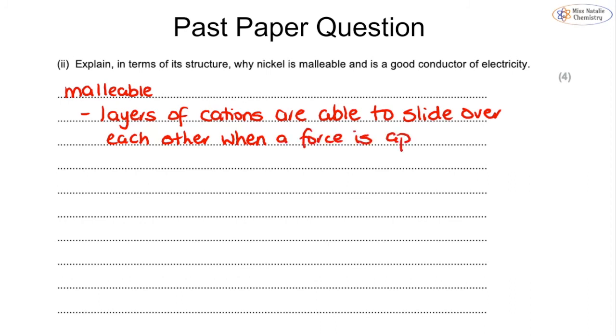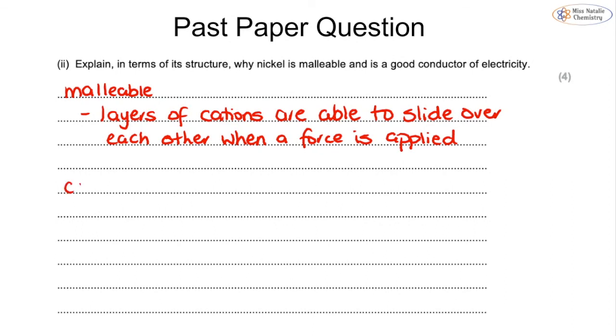The key words here are layers of cations and sliding over each other. Please make sure that you use the word cations and you don't use the word molecules. They will accept atoms, but ideally we should be referring to them as cations.